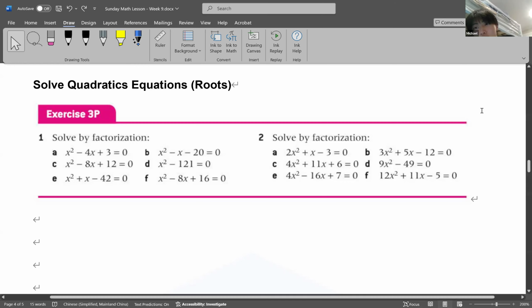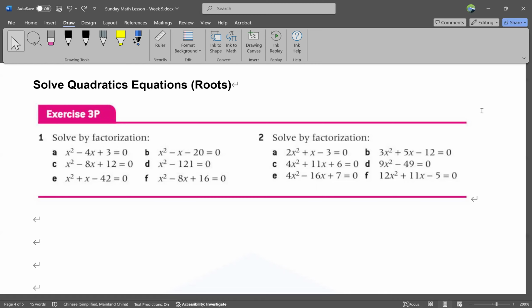How's everyone doing? Which question are you guys up to? I'm on 5. Okay. Oh, I'm on 3. Okay. So if you're unsure about a factorization, double check, just factorize, right? And then just expand it and check it.